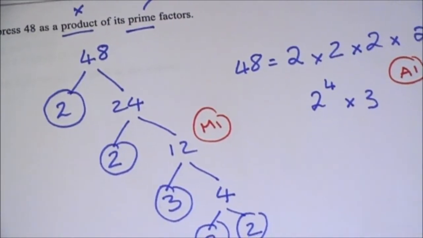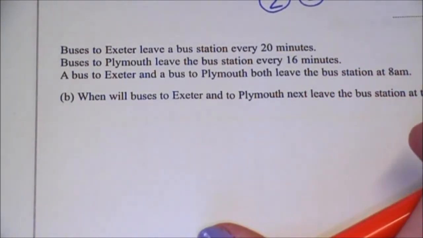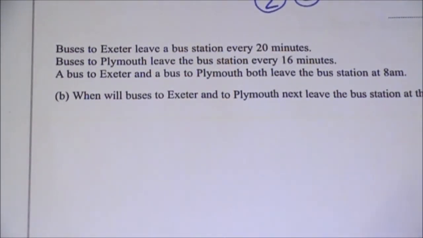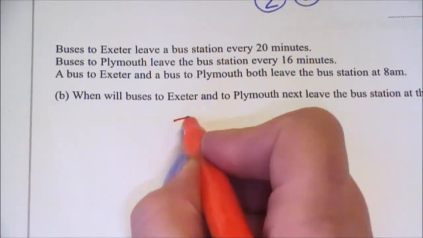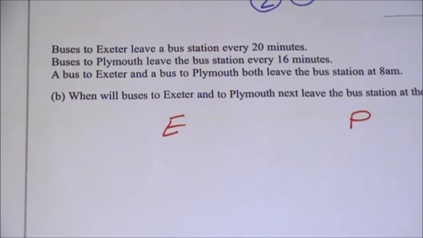Part B is about buses leaving the station and when do they arrive. This question is very common, and there is a way of calculating it based on the LCM method, but the easiest way to do this is to be logical in your approach. So buses to Exeter leave a bus station every 20 minutes. Buses to Plymouth leave a bus station every 16 minutes.